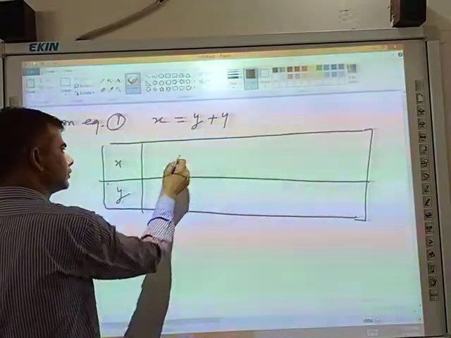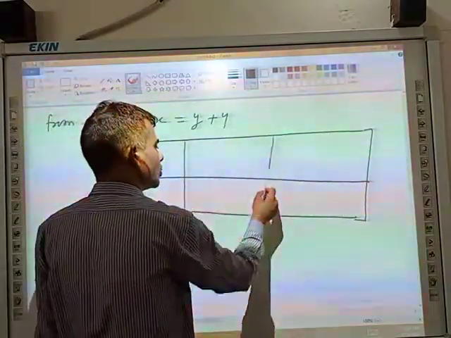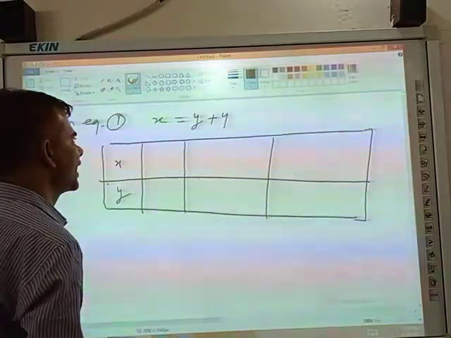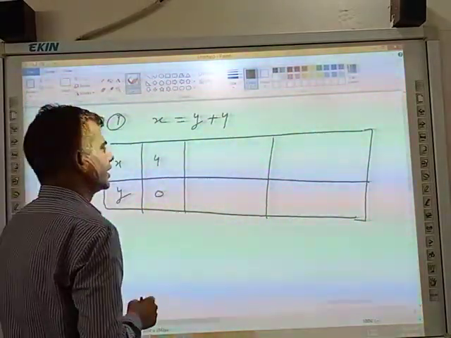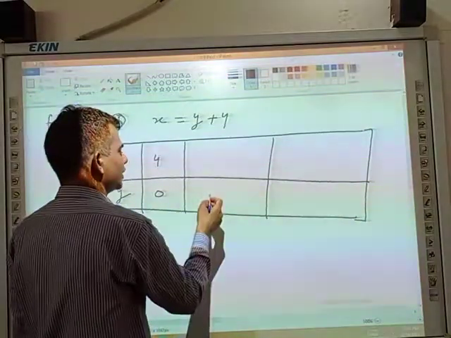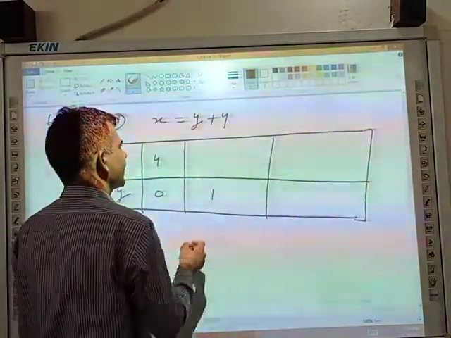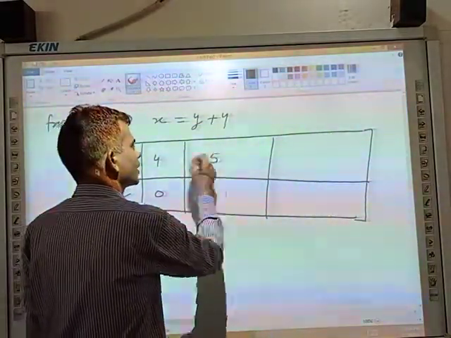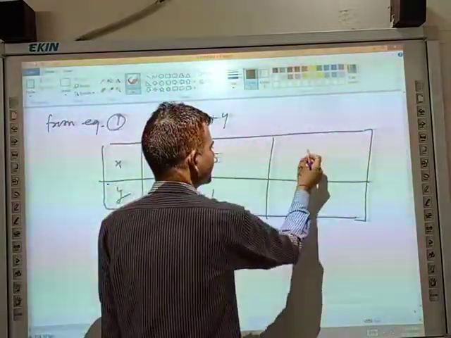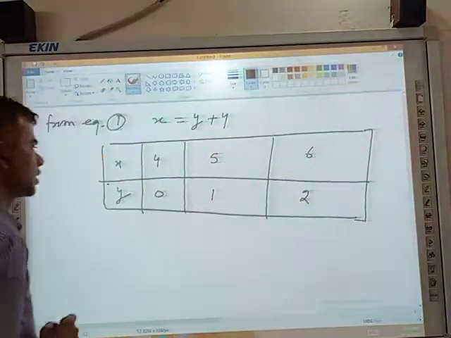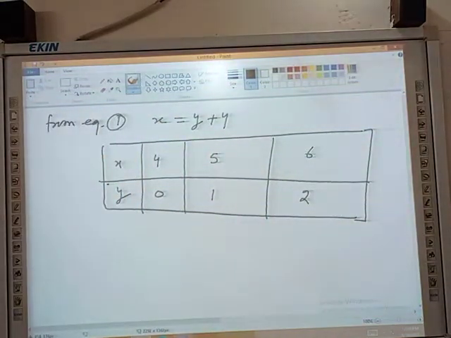X, y. If we replace y with 0, then x is 4. If we replace y with 1, then x is 5. If we replace y with 2, then x is 6. Students, any doubt, any problems? No, sir.